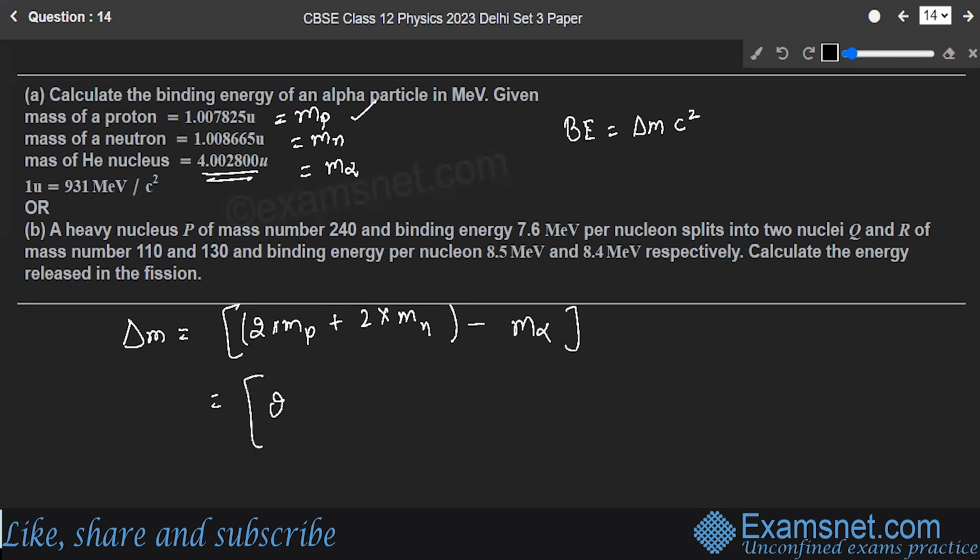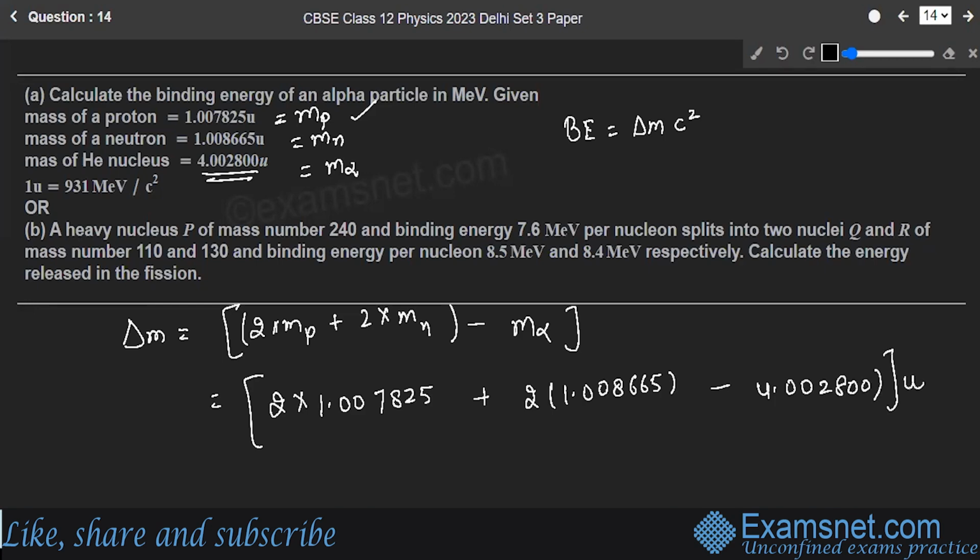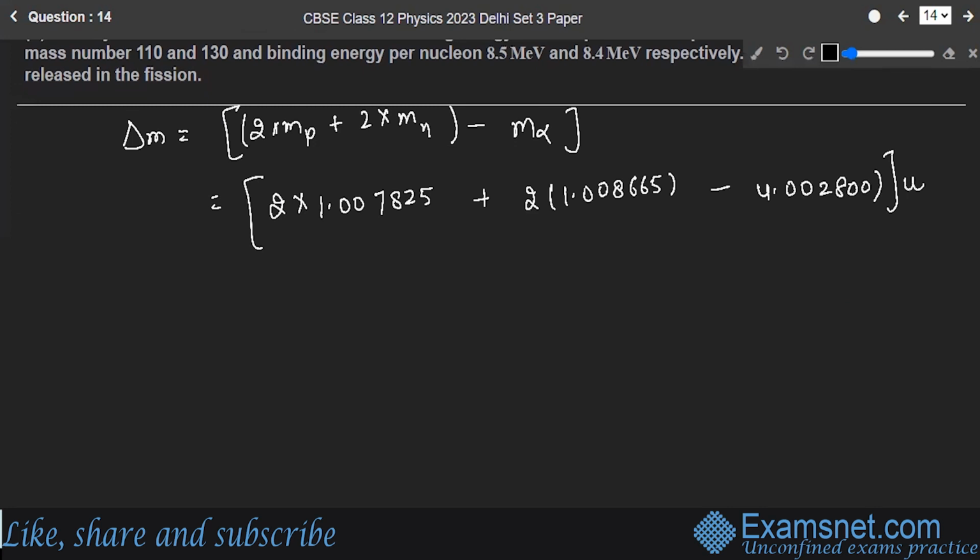So this is equal to 2 into 1.007825 plus 2 into 1.008665 minus 4.002800 U. All right, so this gives you a total of 0.03018 U. Now U was equal to 931 MeV upon C squared.